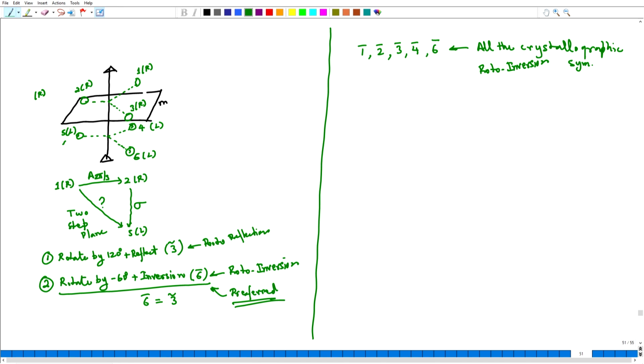Now, in the next lecture, I am going to devise a better method to represent these 3-dimensional symmetries, because drawing these 3-dimensional diagrams can be very confusing at times and also very tedious. So, we have to come up with a better way of representing these symmetries on a 2-dimensional plane.